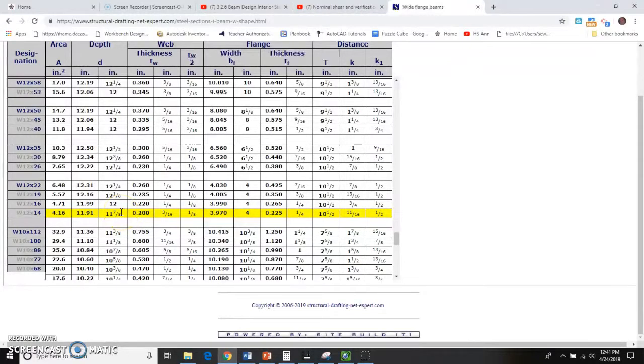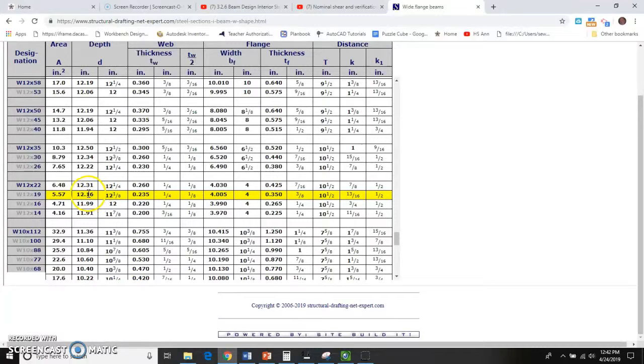And where I'm going to be looking in is a couple of the columns right here. First of all, the thickness, and that is in inches. And that value is 0.2. So I'm just going to put 0.2 here so that we remember.